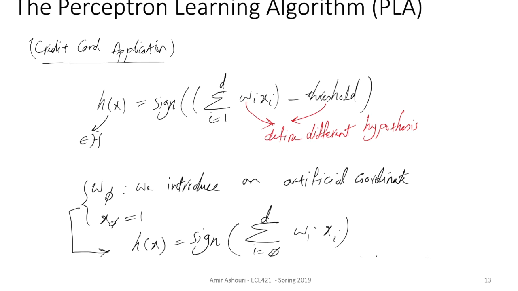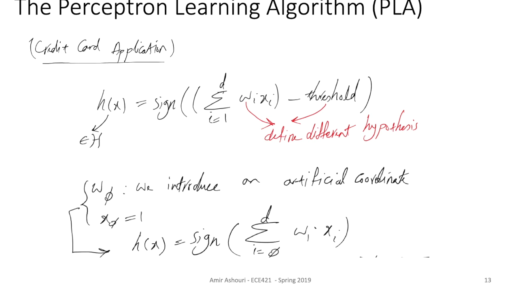Yeah. If we're setting W0 to be the threshold, should X0 be -1 then? Or are we saying W0 would be an actual negative number? Could you repeat the question? So I actually had the same question. You said W0 is equal to the threshold? You set W0 to the threshold and you introduce X0 equal to 1. I think if X0 is equal to 1, the threshold should be negative. Where we mentioned X0 is equal to 1?